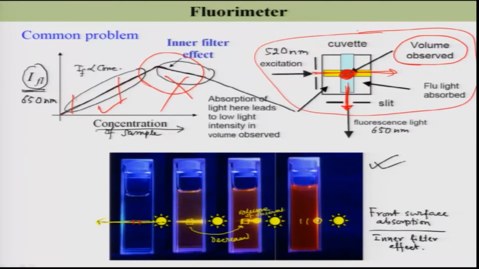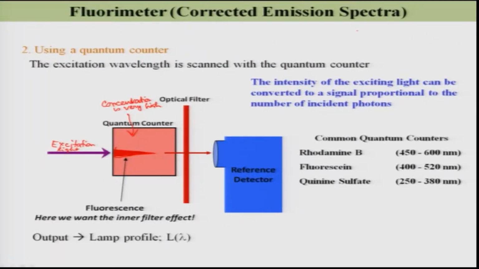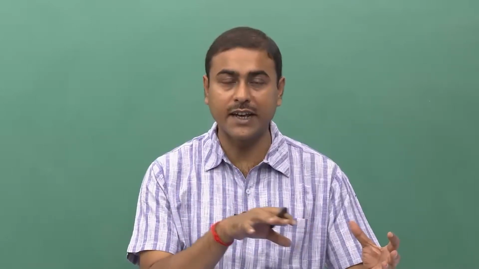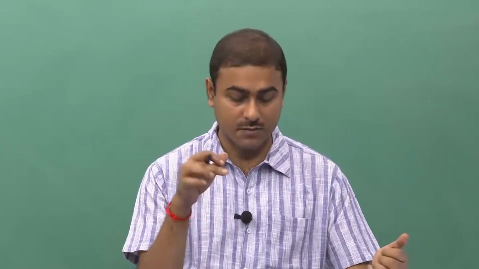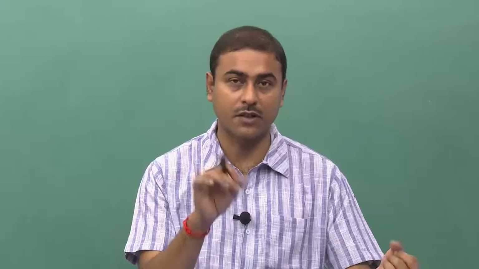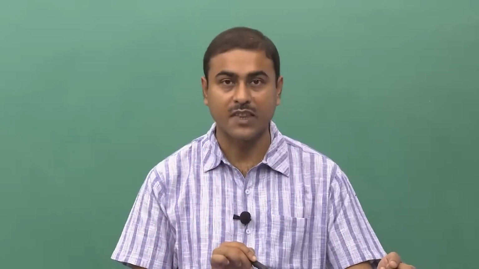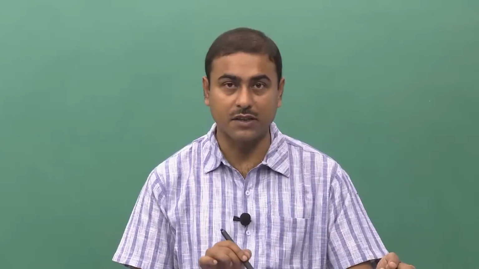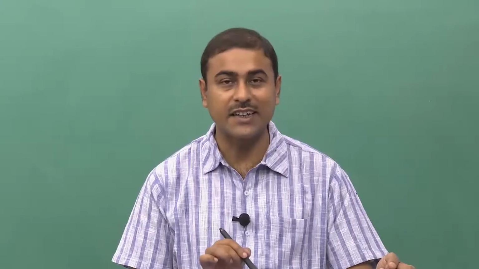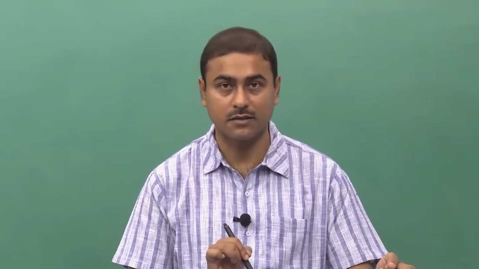We will collect this emission either from the front surface or at a certain angle. Here all the excitation light has been absorbed by the sample. The concentration is fixed, because you have created a particular concentration of your sample. So the fluorescence intensity coming out of this sample is proportional to the intensity of the excitation light.